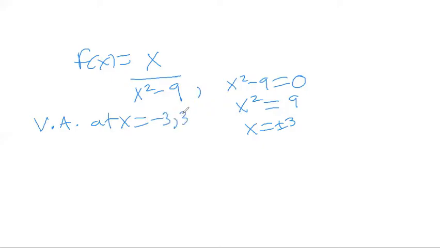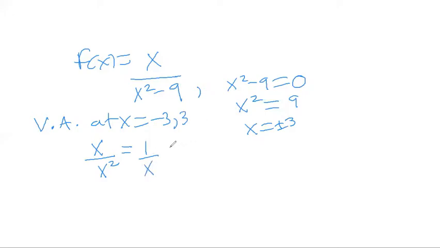Now horizontal asymptotes, well, what I do is I take the highest degree term in the numerator and divide by the highest degree term in the denominator. So I would do x divided by x squared, which is simply 1 over x.